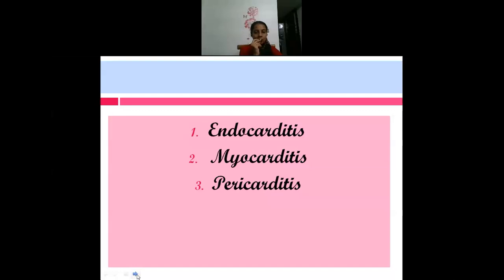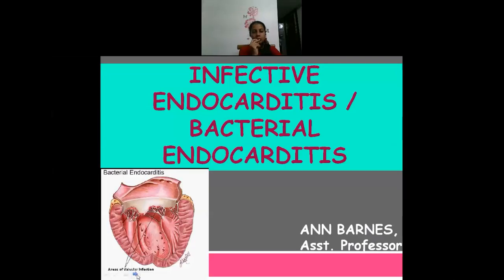So pericarditis is nothing but the outermost layer itself. And now in detail we will see regarding the topic endocarditis. Endocarditis is also an important topic. This endocarditis is sometimes referred to as infective endocarditis or bacterial endocarditis. Why did the name infective endocarditis come?